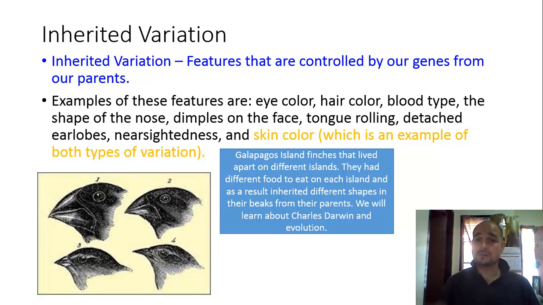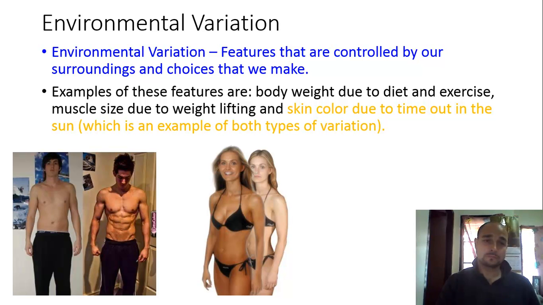But if you lived, then you could reproduce, and if you had a beak that was good at getting food, then there was a stronger chance, a greater chance that feature would get passed on to the offspring. So this is pretty famous from the work of a scientist named Charles Darwin and his theories of evolution. We'll learn more about that.